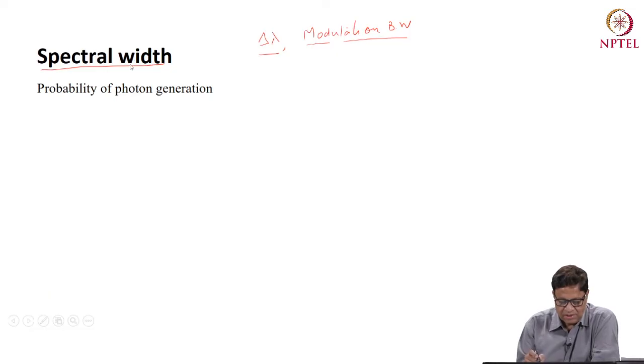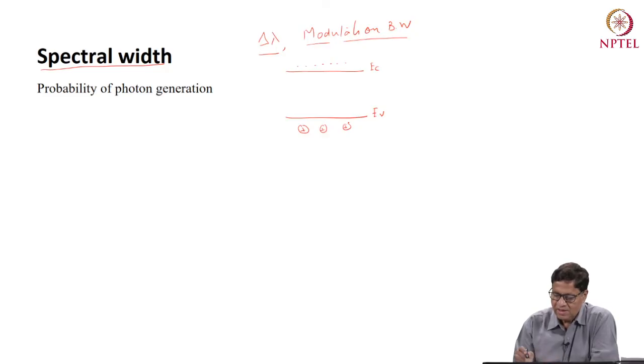Let us consider a PN junction. So this is, for example, your valence band, and this is your conduction band. There are electrons here. There will be some holes when you supply the current. And here, there are different states.